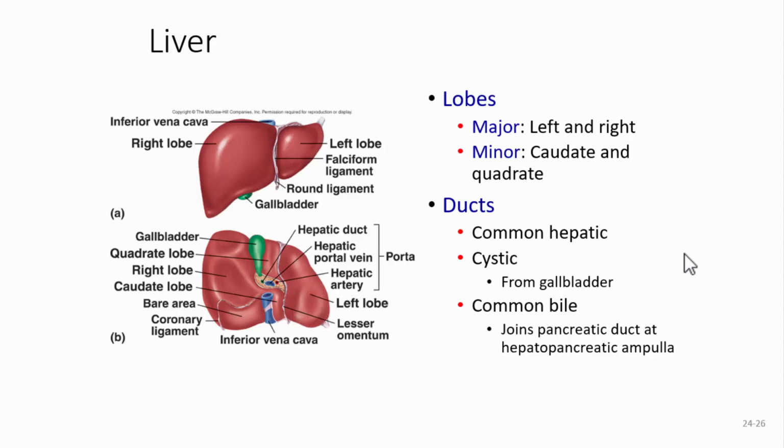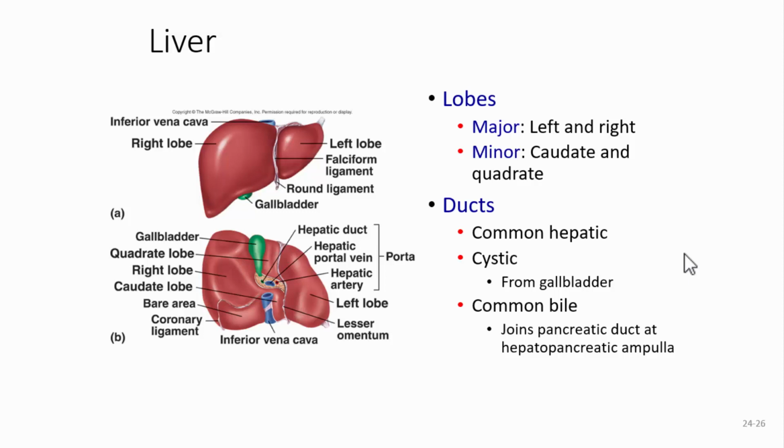Now, a cyst is a fluid-filled sac, right? And so the gallbladder is what? It's a fluid-filled sac, okay? So cysto, again, refers to that sac containing a fluid. Think about if you have a bladder infection.